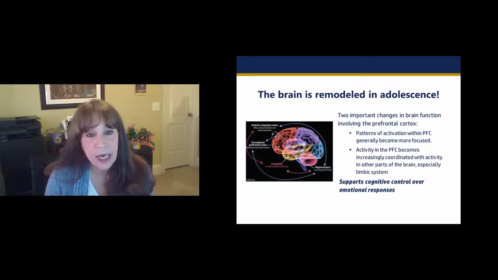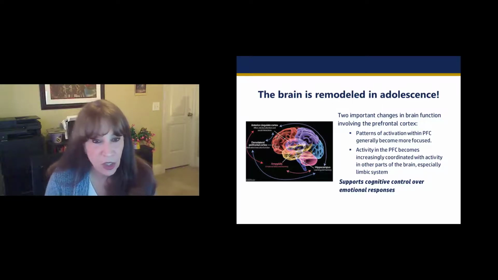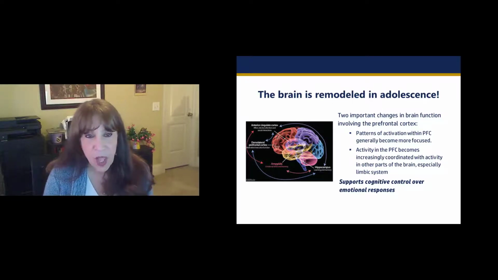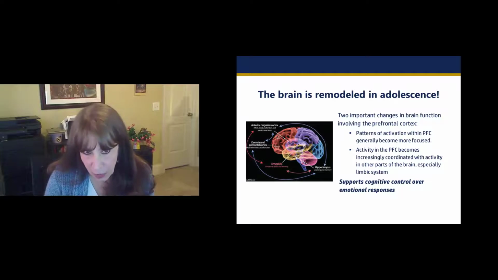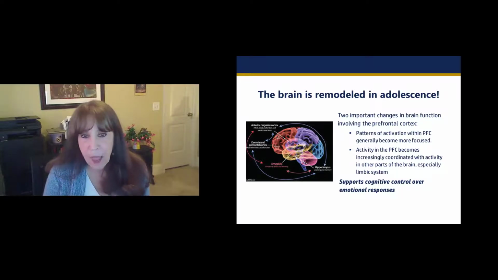So it's during adolescence that the activation within the prefrontal cortex, which is the orange part of the brain that you see here, becomes more focused and more efficient. And there's more of a division of labor throughout the prefrontal cortex. At the same time, it's becoming increasingly organized and starting to communicate with lower parts of the brain, like the yellow part, which is in the limbic system.